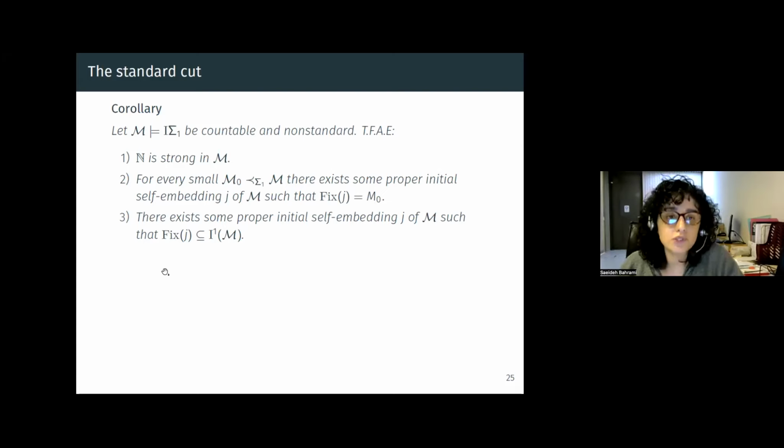Let's turn to the standard cut. When we have the standard cut, similar to the case when we had the automorphisms, we can find some equivalent statements with the strongness of standard cuts.